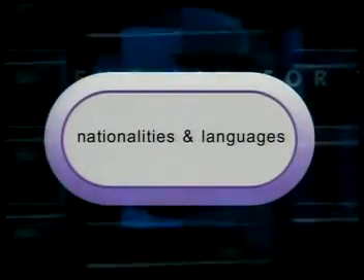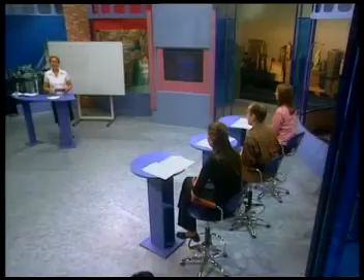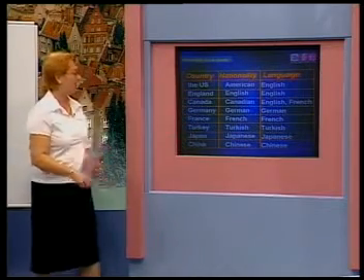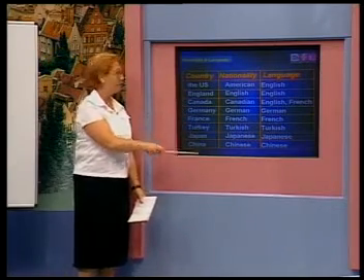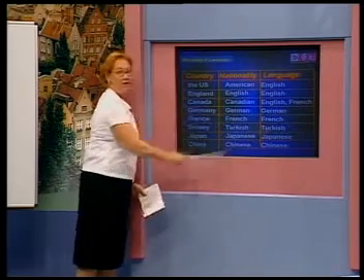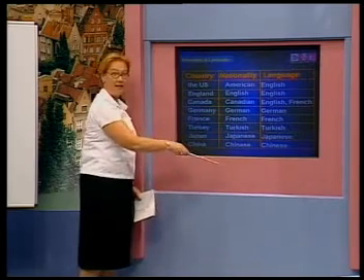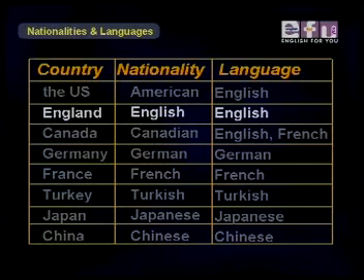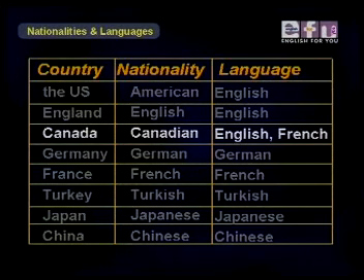Nationalities and languages. Now, here is more information about, we saw the country, we saw the language, now nationality. So, the US, American, English is the language. England, English, and English. Canada, Canadian, and English and French.